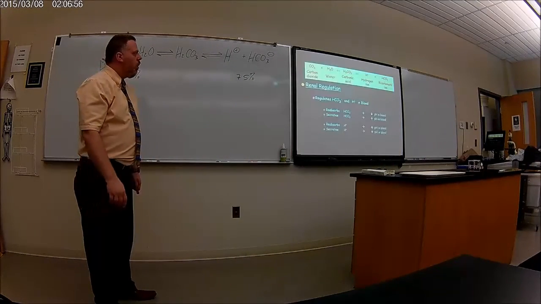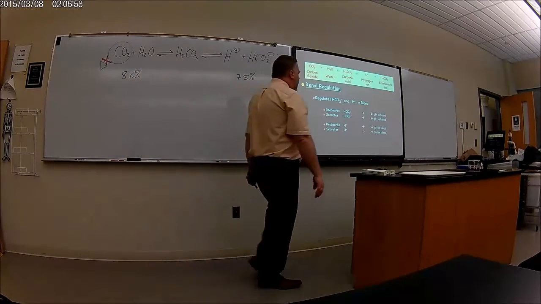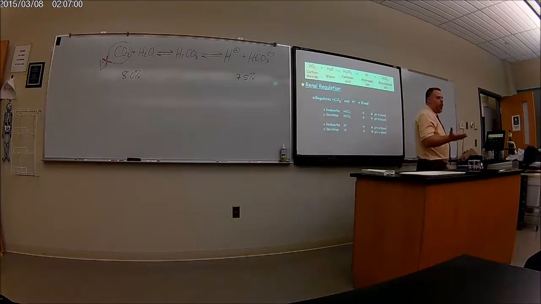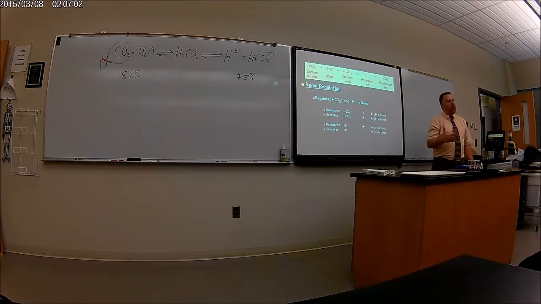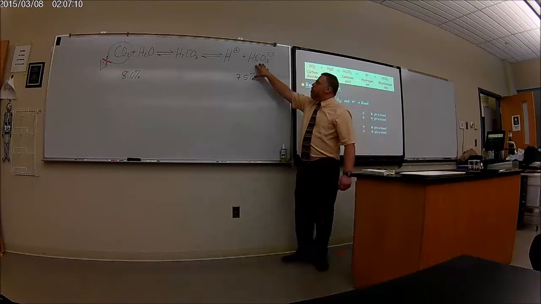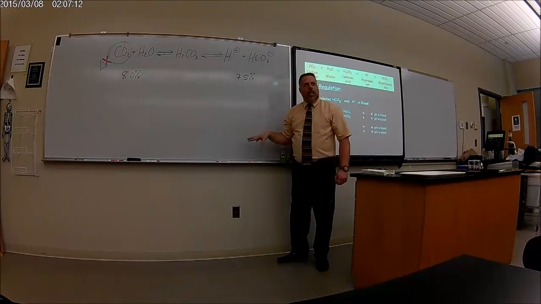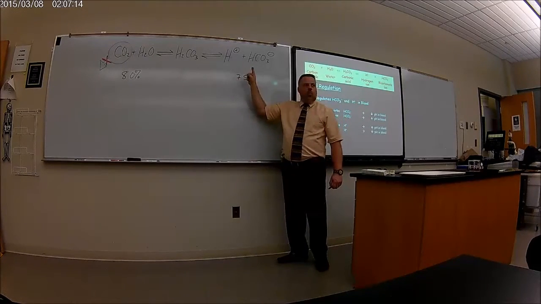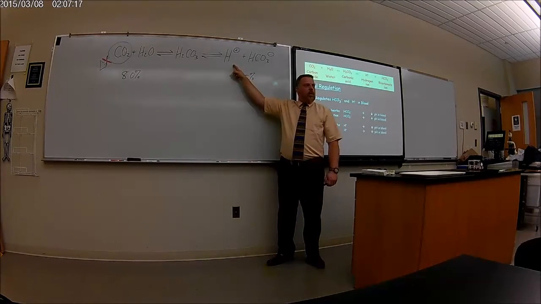All right? So renal regulation, it can control the pH by how much bicarb leaves or how much hydrogen leaves. For instance, if I make more bicarb leave, then does that mean net-wise, we have more hydrogens in our body? If we have less of this, when you compare it, sure.